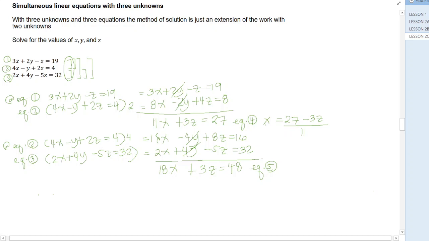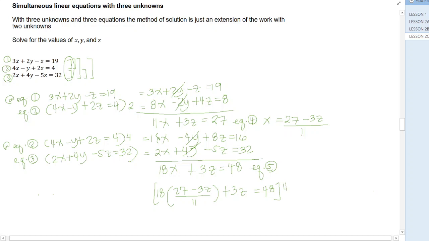Substituting the value of x to equation 5, that is 18 multiplied by 27 minus 3z divided by 11, plus 3z, is equal to 48.